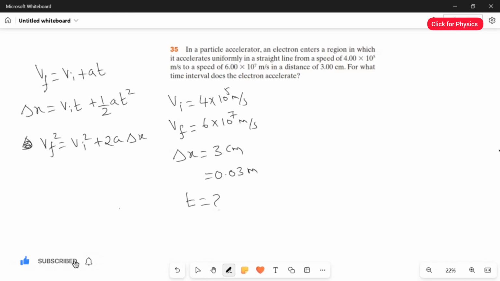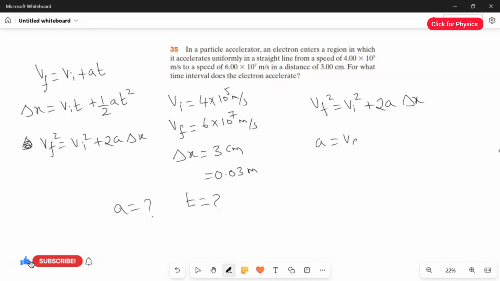So I'm going to find the acceleration first, and then find the time. Here there is no time in the last equation, so better we deal with v final square equals v initial square plus 2 a delta x. You have to rearrange this equation in terms of acceleration.